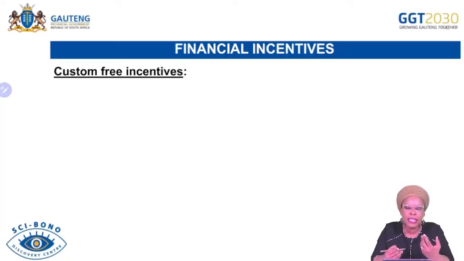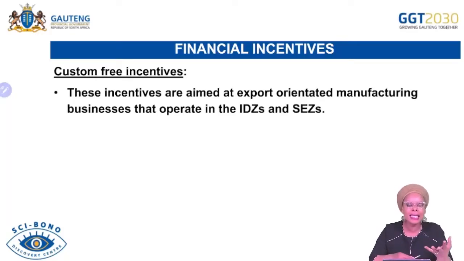So what incentive do they receive? One of the incentives is that where there is an IDZ and where there is an SEZ, they qualify to import raw materials and intermediate goods from other countries free from paying import duties, because the aim is to produce goods in South Africa and then those goods should again be exported.